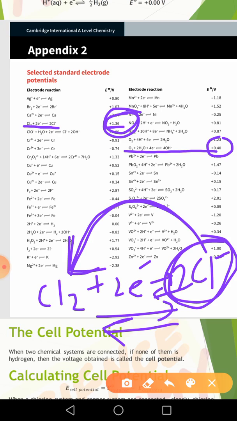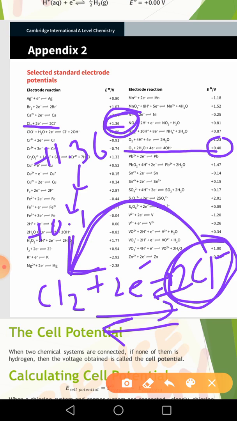That means the value 1.36 will now be reduced because less reduction is occurring, and this value will start to decrease. Even on decreasing, it will become 0.1, that means even less than 0.4.